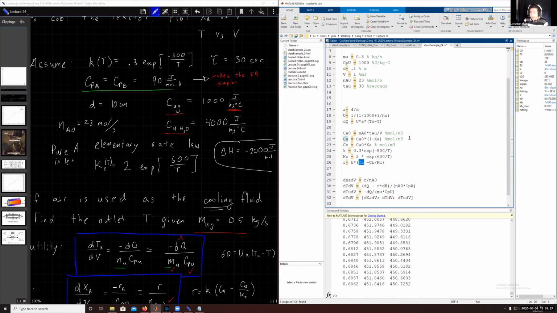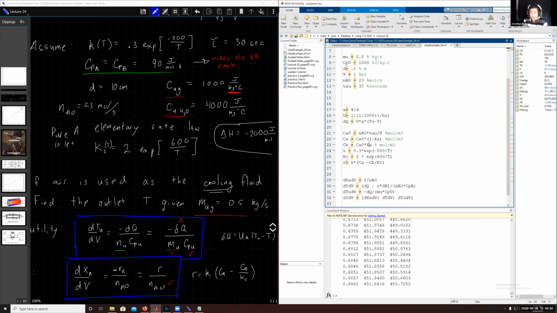CA is defined here, which again will back out to nothing more than a set of constants, NA naught, tau and V. And XA again is just one of our inputs, because we're plotting XA versus V, and T versus V. XA and temperature for the reactor and the utility are going to be our inputs. And so everything here should be specified.